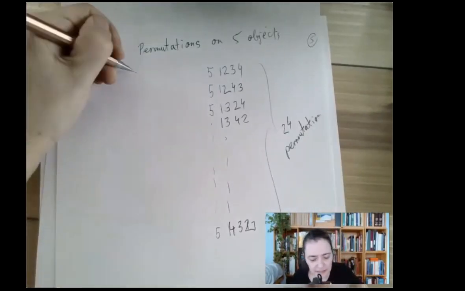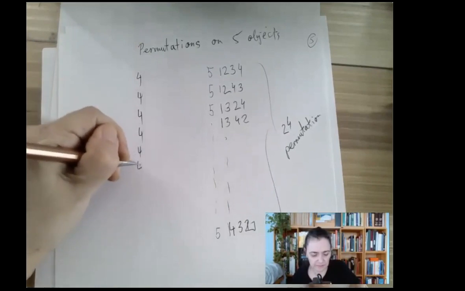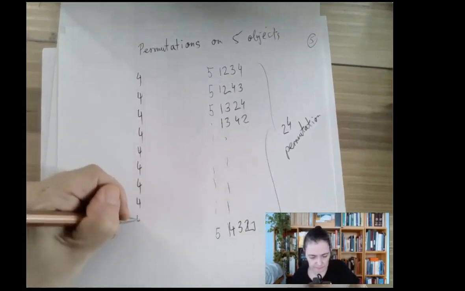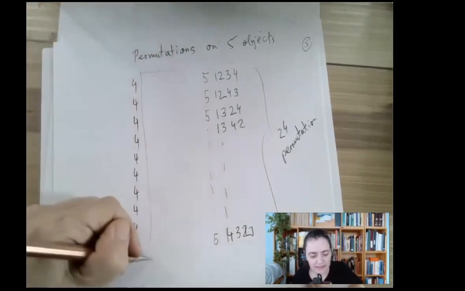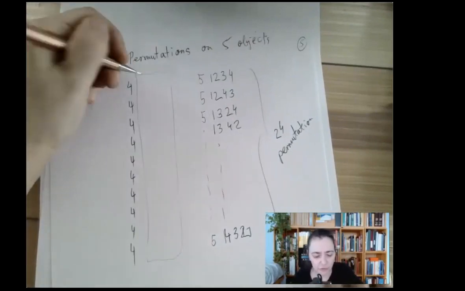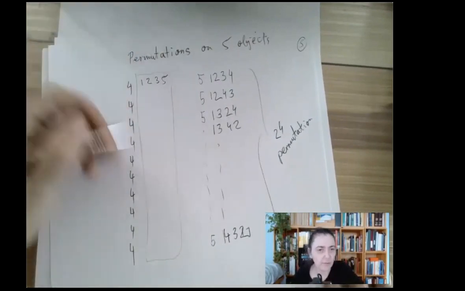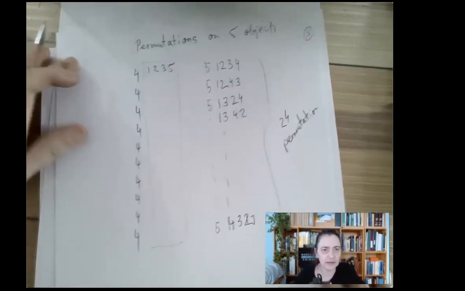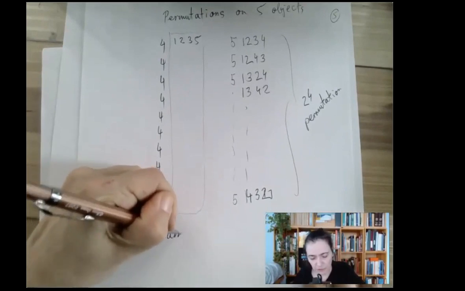But if we write down 4 24 times, now we're going to rearrange 4 objects, but instead of 1, 2, 3, 4, it's going to be 1, 2, 3, 5. But it should be the same number, right? So we're going to have 5 columns. Why 5 columns?